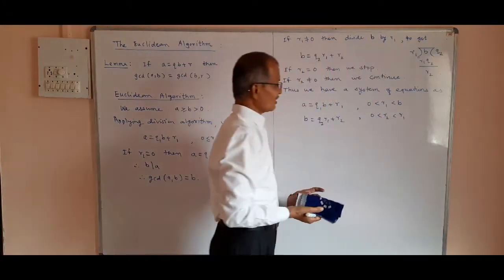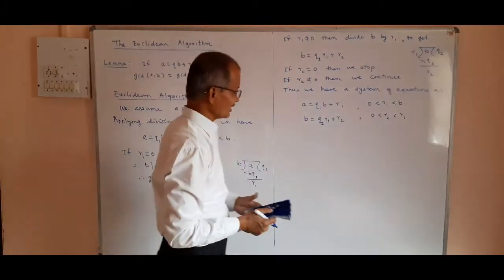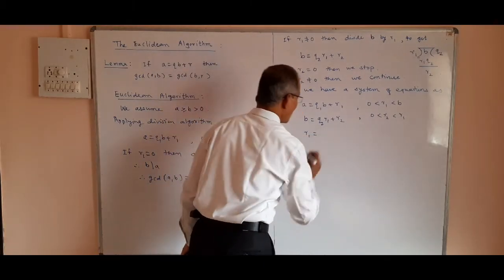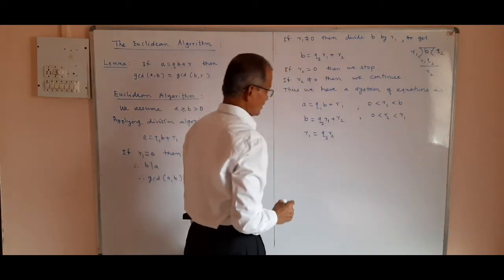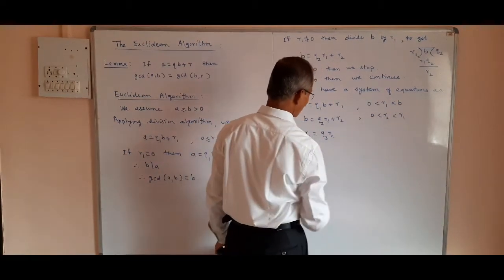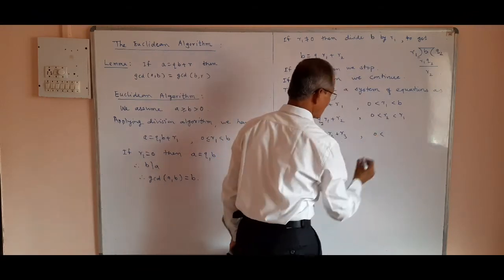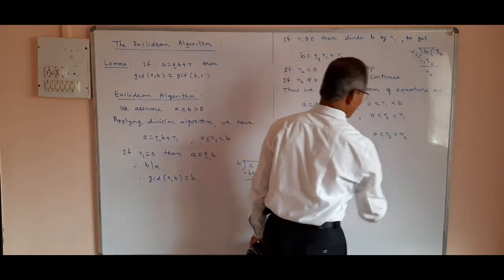And next we will divide r1 by r2 and get the next equation: r1 = q3 r2 + r3, with 0 less than r3 less than r2.